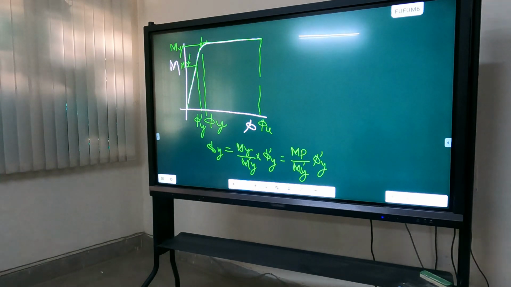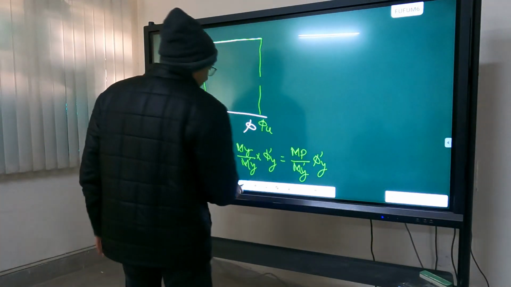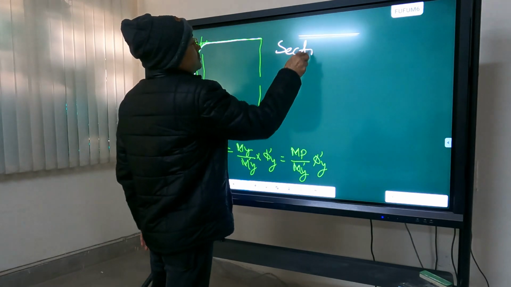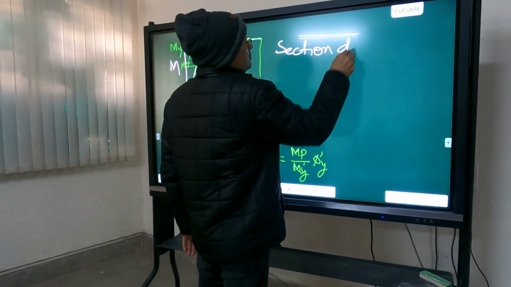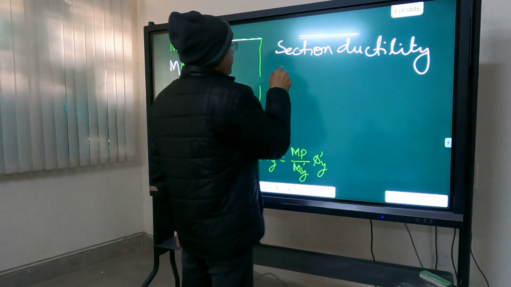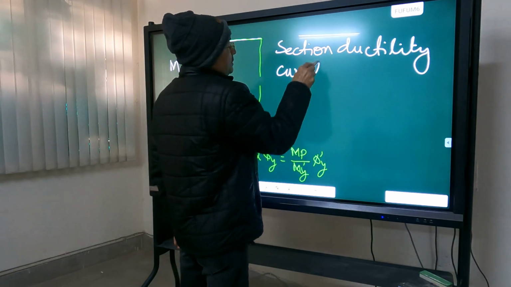So in case of steel structures, it's quite easy. And then we define what we call section ductility or curvature ductility. We also call it curvature ductility.